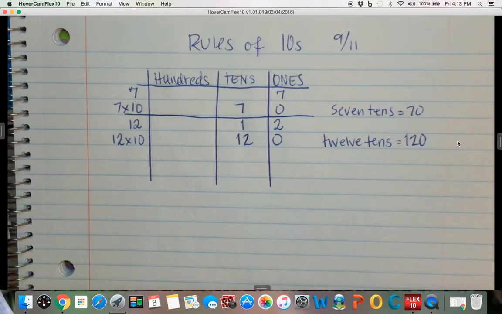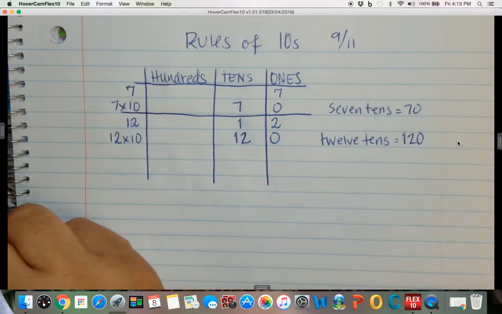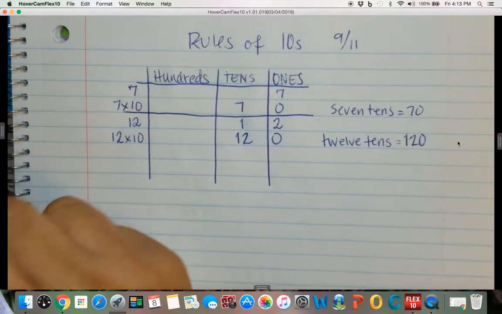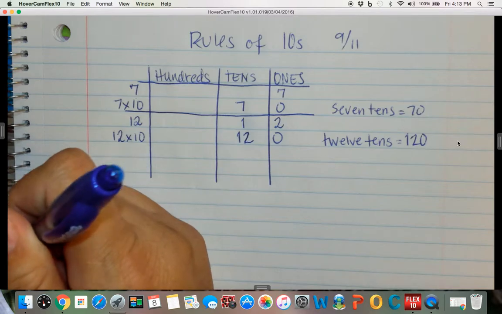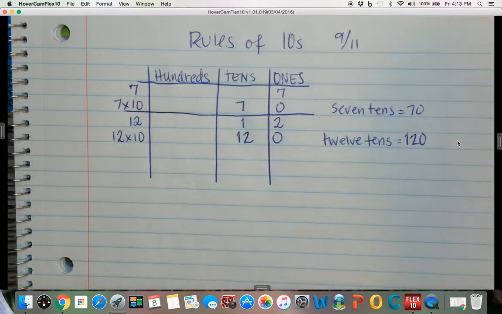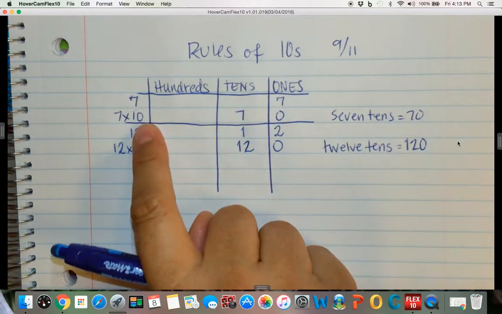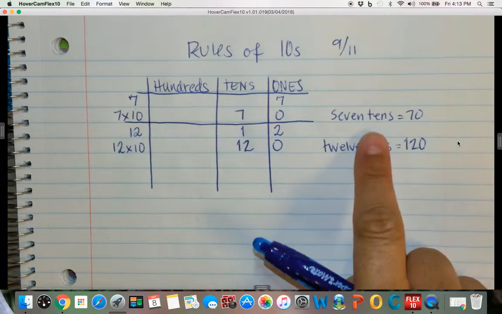When we think about pre-algebra and algebra, I've said before that we're trying not to think in terms of adding and subtracting anymore, and think about relationships of numbers between multiplying and dividing. So when I say I'm going to add a 0 to the 7 to make 70, it doesn't really make sense why we do that.